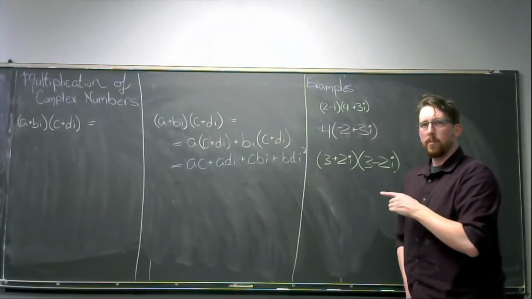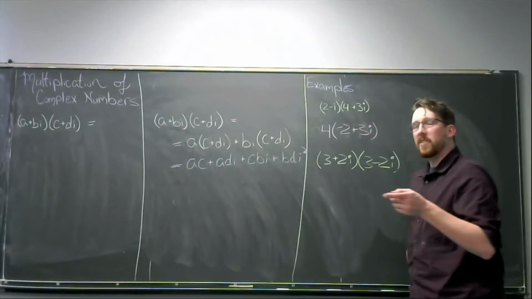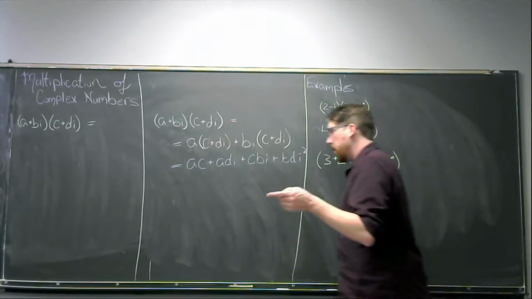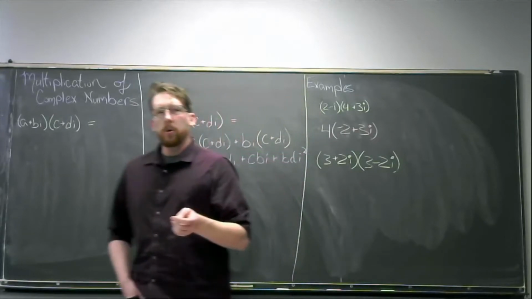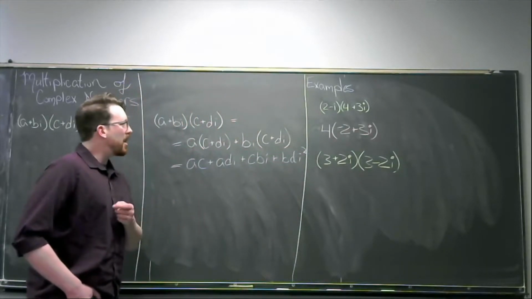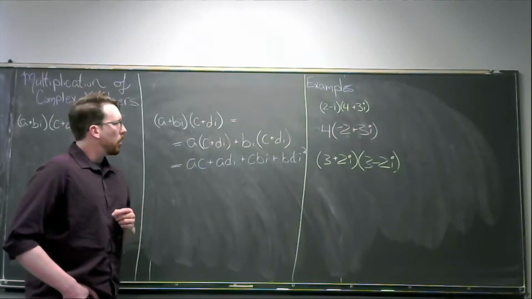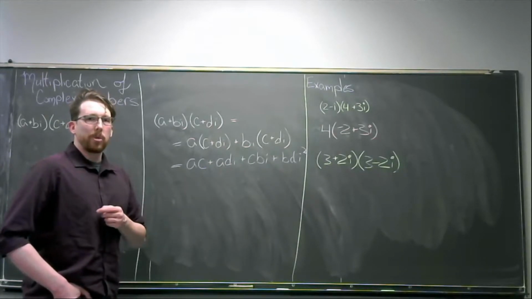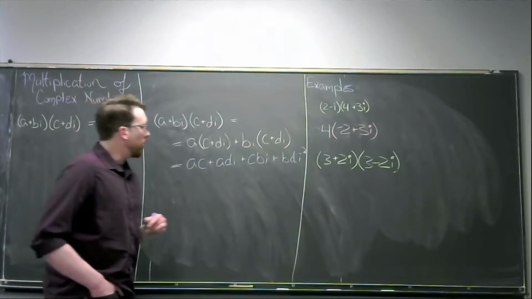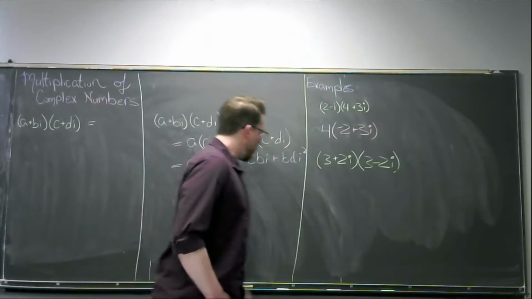Well, notice something funny happens here. We've got i squared, right? And just a minute ago, I said i is equal to the square root of -1. So i squared is going to be equal to -1. So let's see what I'm saying.